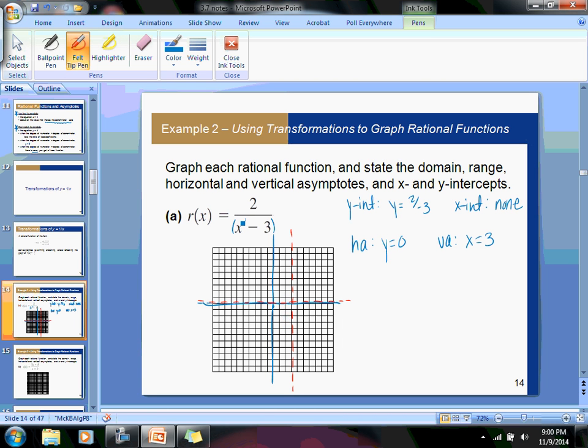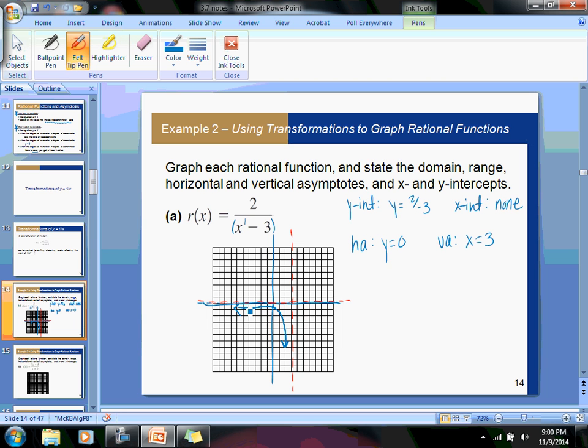If I put in a 1, 1 minus 3 is negative 2, so 2 divided by negative 2 is a negative value. So again, I'm going to be down here. If I plugged in 0, I get my y-intercept. Even if I plug in negative 1, I still get 2 over negative 4. That's a negative half. Okay, so I know that this part of the graph is going to be down here in these negative regions.